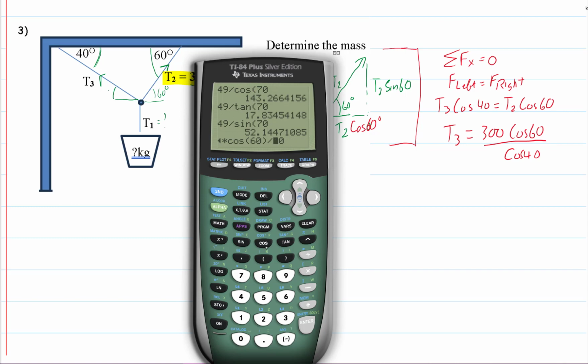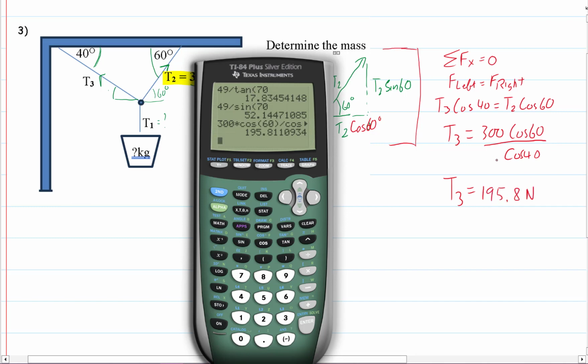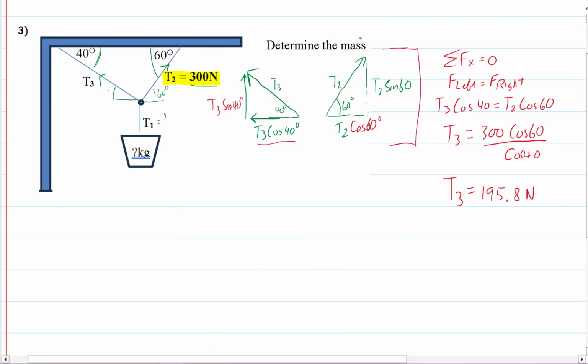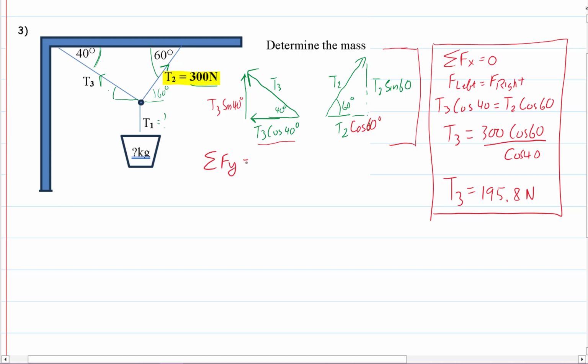And that'll give me that T3 is 195.8 newtons. That's the sum of the forces in the x direction. That gave us an answer. Now we'll do the sum of the forces in the y direction, the ups and downs, which have to equal 0.